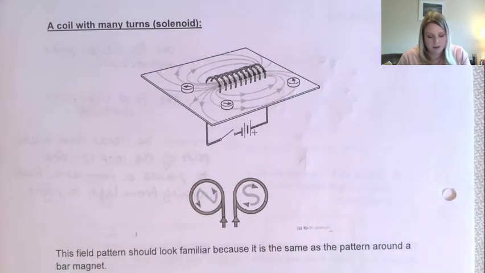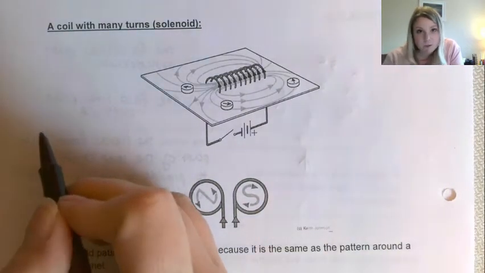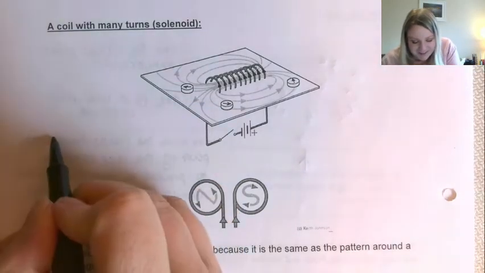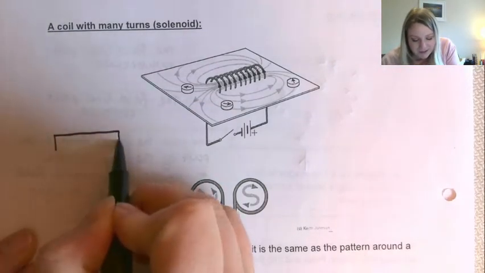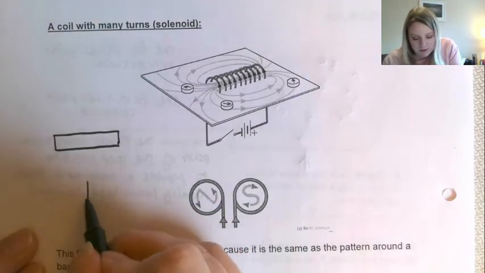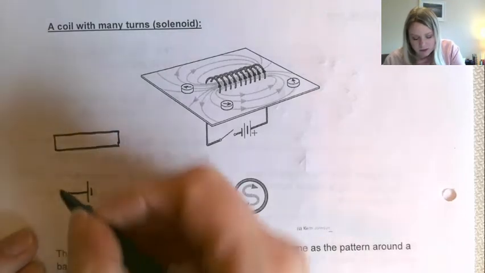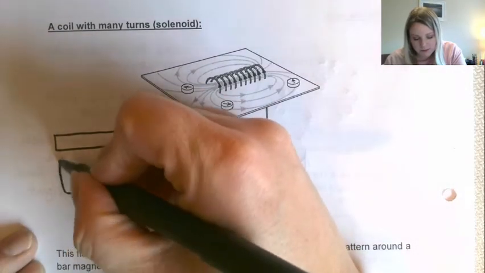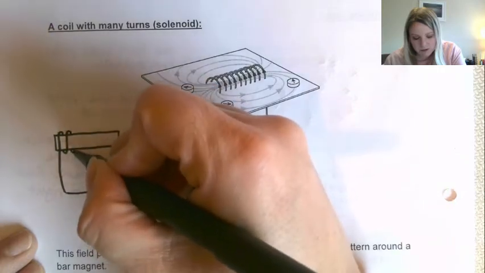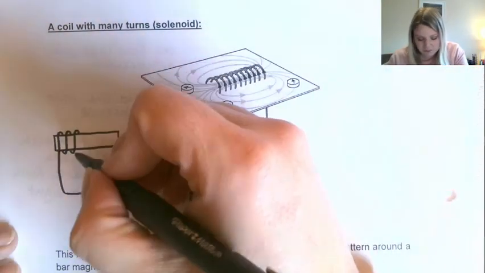So let's say we have a spoiler. If you put a bit of iron in the middle, it also makes it stronger, right? So let's say we have a wee iron bar here, okay? And I have a power supply here. If I take my wire and I wrap it around this, I'm showing you how I draw it quite slowly so that it'll help you draw it into yours.